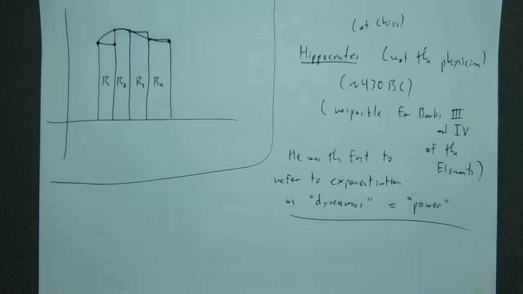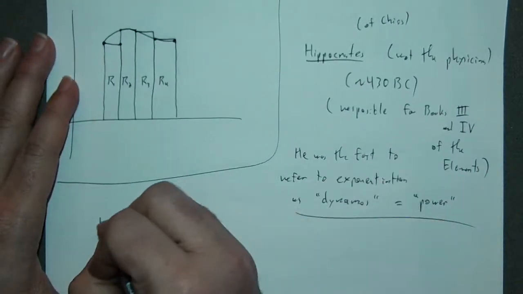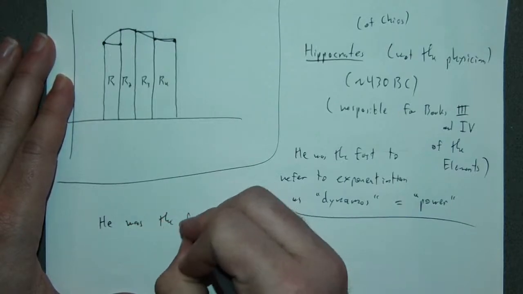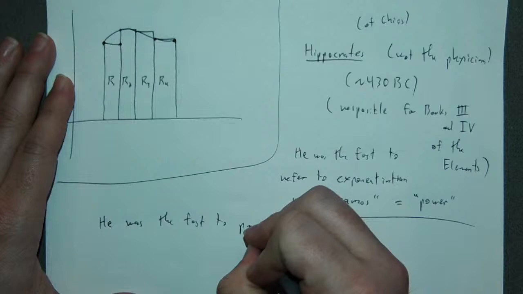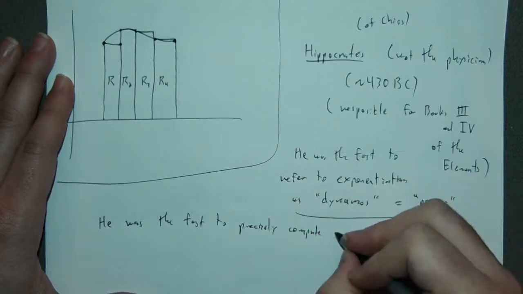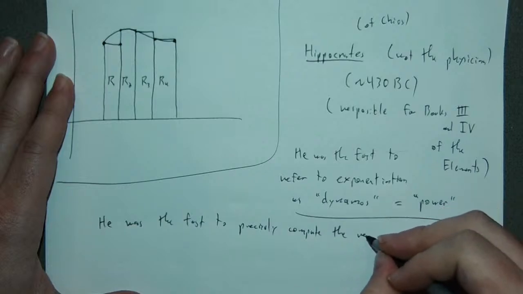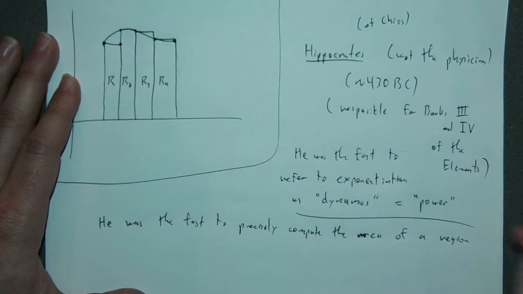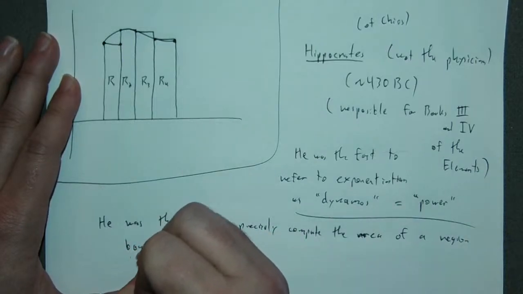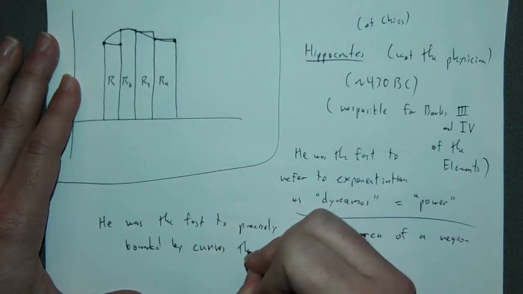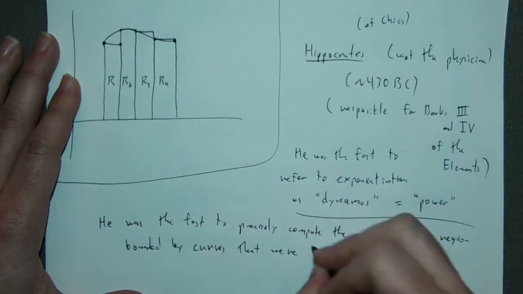His big contribution is, well, I won't say it's his biggest, he had two big contributions. He was the first to precisely compute the area of a region bounded by curves that were not lines.